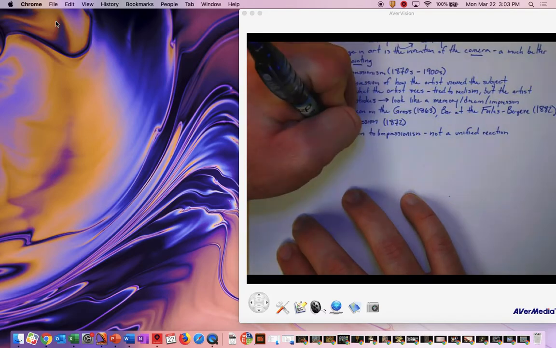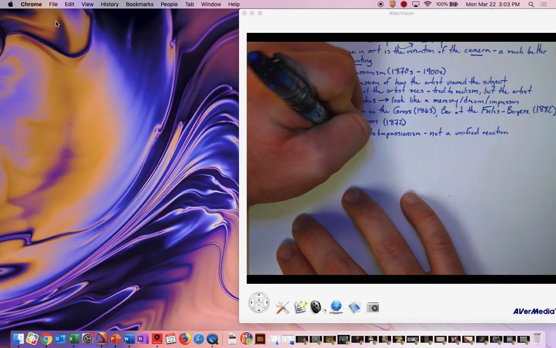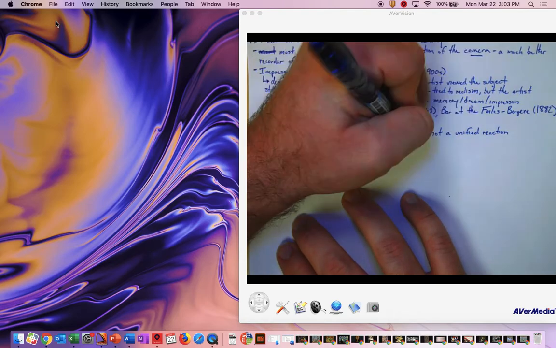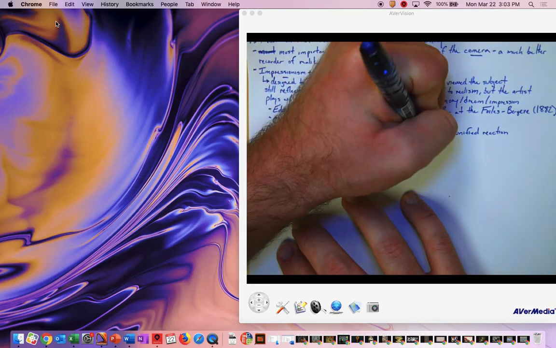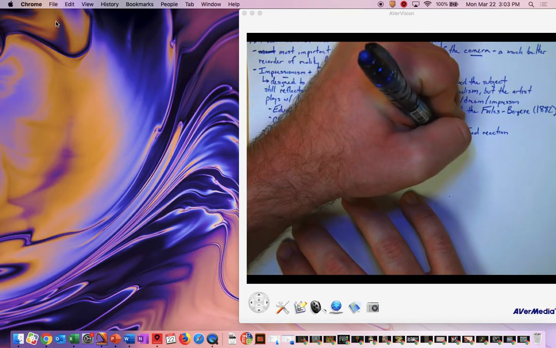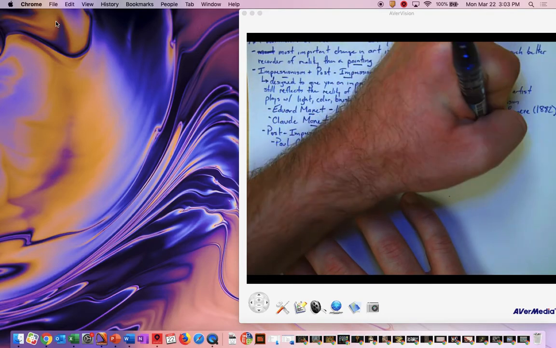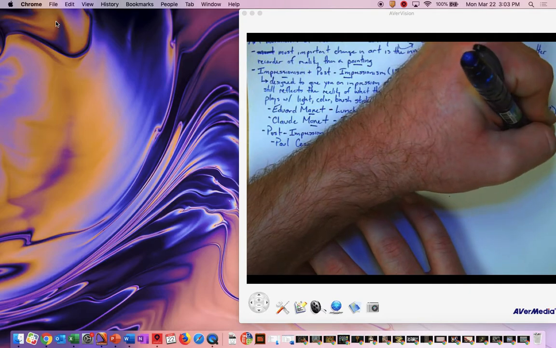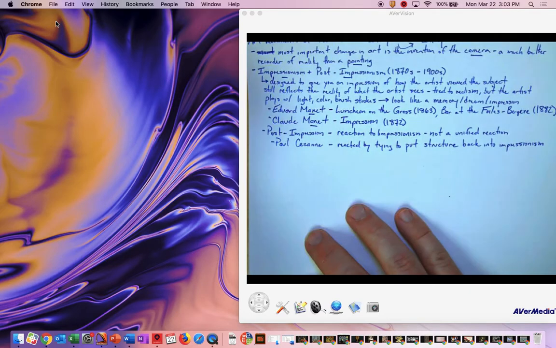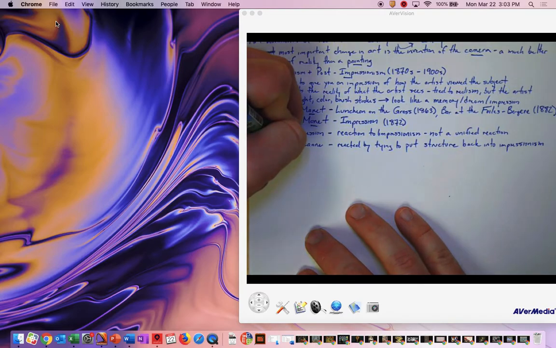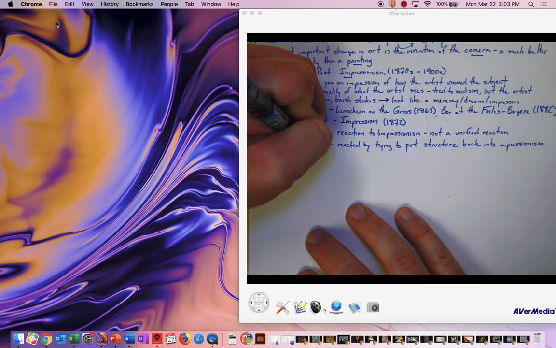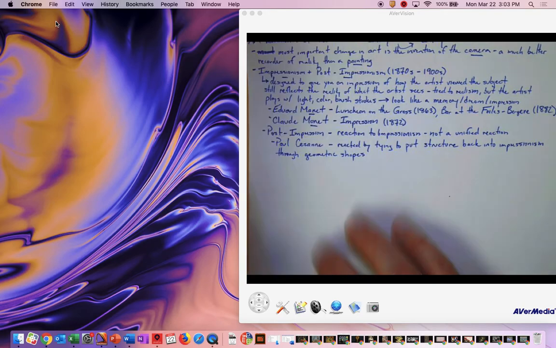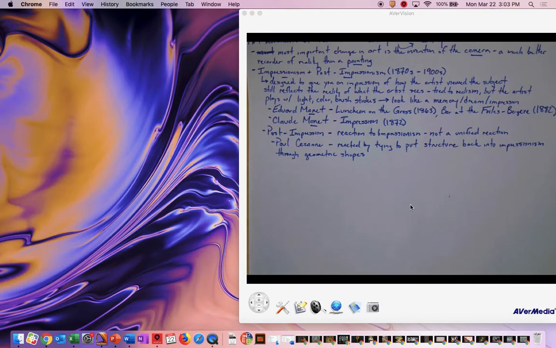So he reacted by trying to put some structure back into Impressionism. And he did that through the use of geometric shapes. And we can see that if we look at a couple of his paintings.